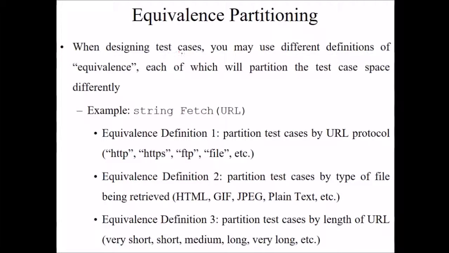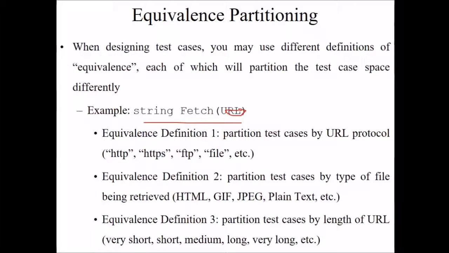So when designing test cases, you may use different definitions of equivalence, which I just showed you, each of which will partition the test case space differently. Let us take one more example. Fetch a URL string. Equivalence definition 1 says partition test cases by URL protocol. Which protocol you are using, like HTTP, HTTPS, FTP, file.